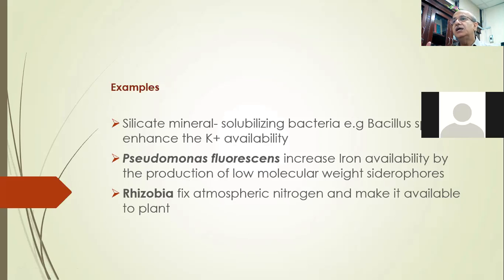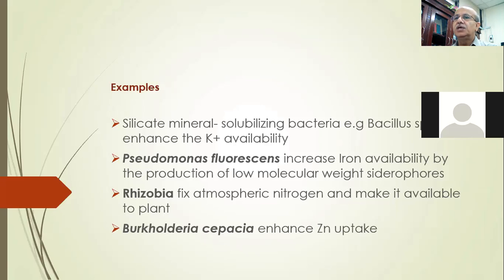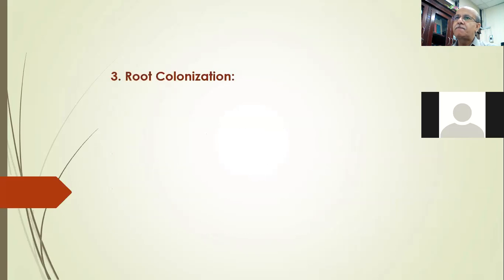So these are the mechanisms by which the microorganisms increase the nutrient concentration in the rhizosphere, and due to that increase, more nutrients are available to the plants. As a result, they have more plant growth. Burkholderia species can enhance the zinc uptake.